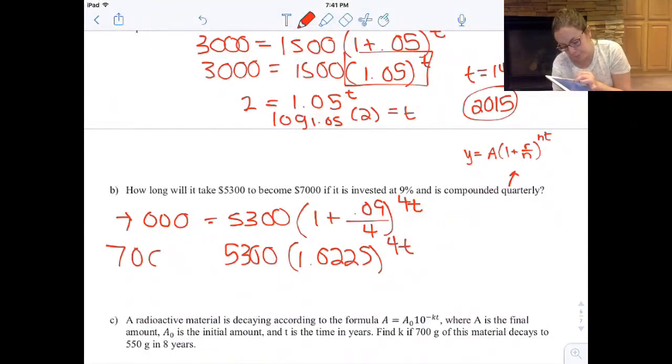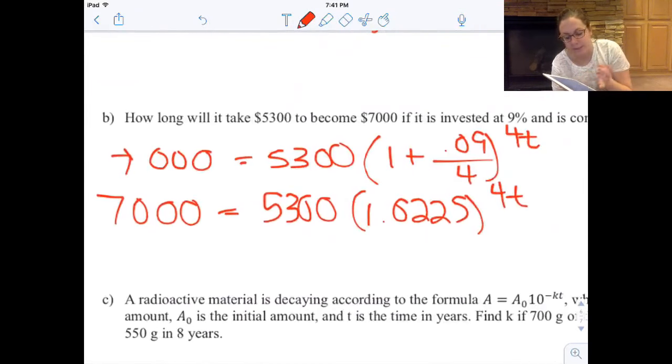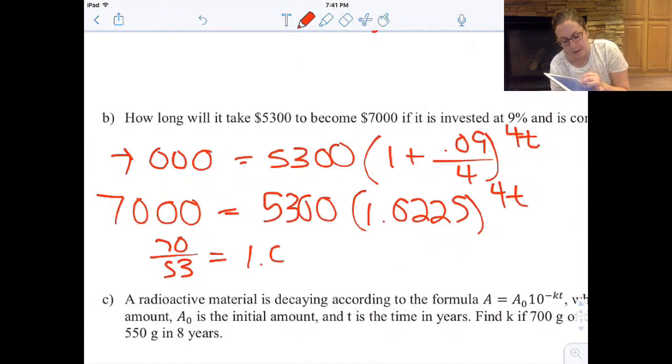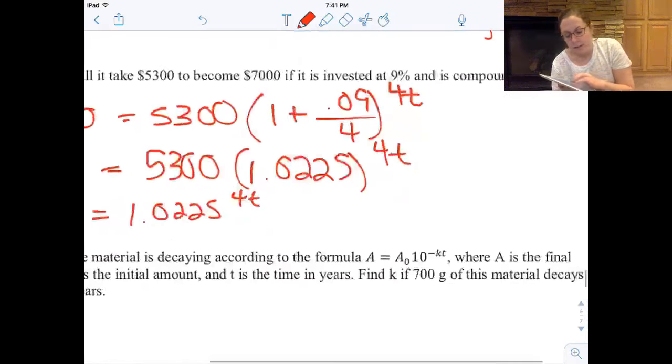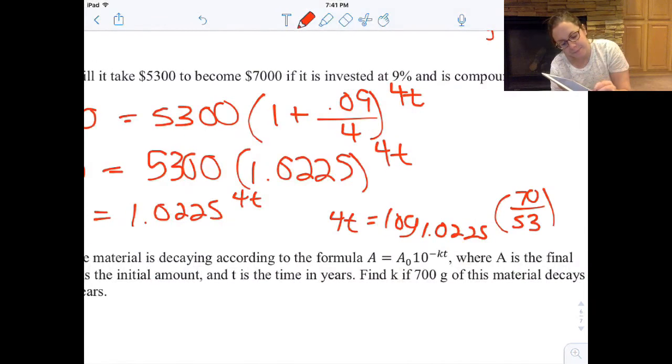Convert, so 4t equals log base 1.0225 of 70/53. And then divide both sides by 4. And so that gives me 3.125794549 years. And we will tell you what to round to on the test if we want.